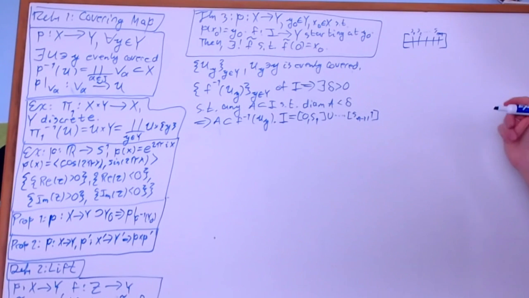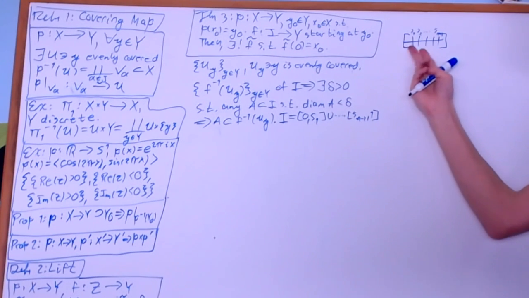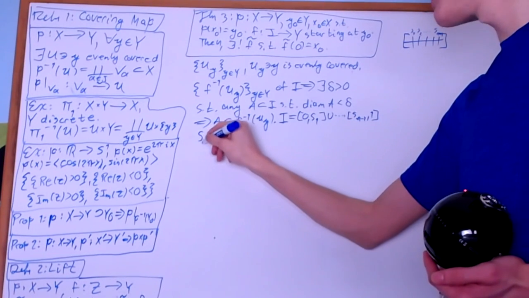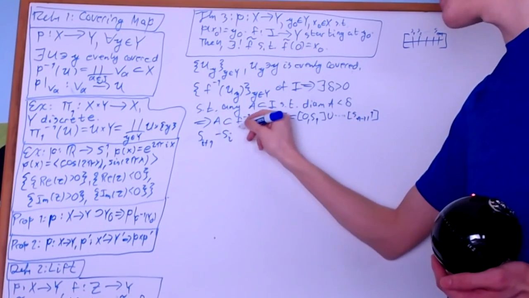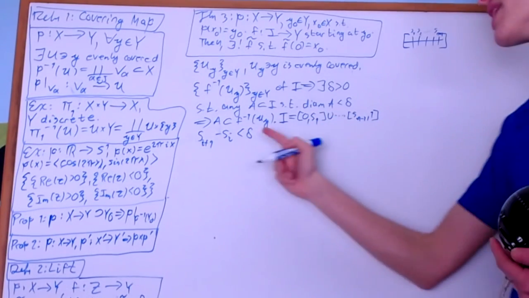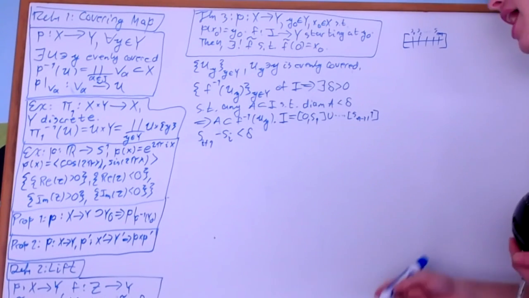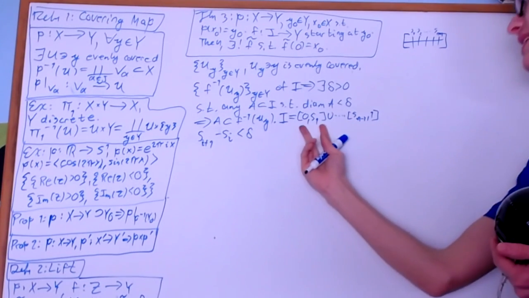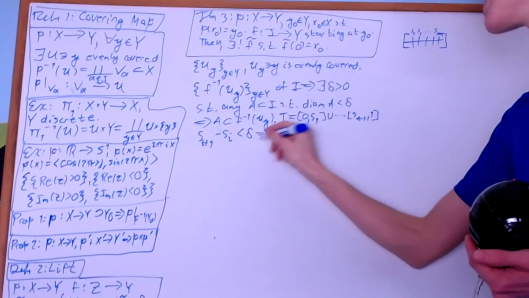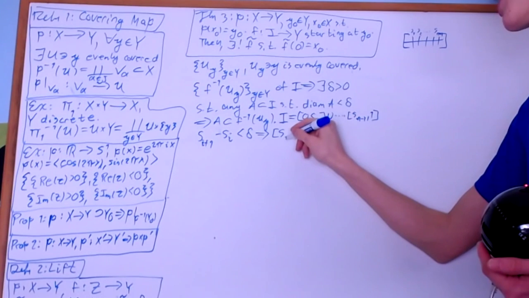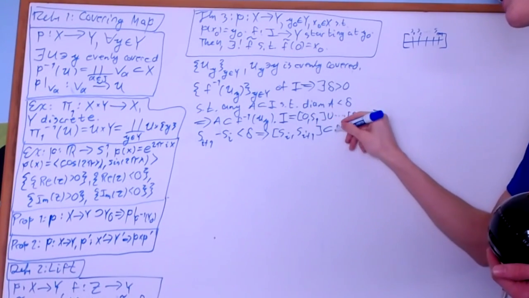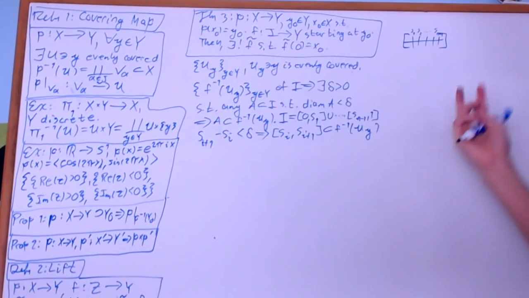As long as Si plus 1 minus Si is less than delta, where this delta is the Lebesgue number, then each of these sets has a diameter less than delta, which then means that each one of these Si to Si plus 1's is contained in one of these preimages.